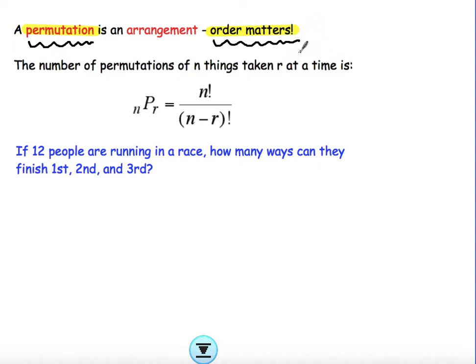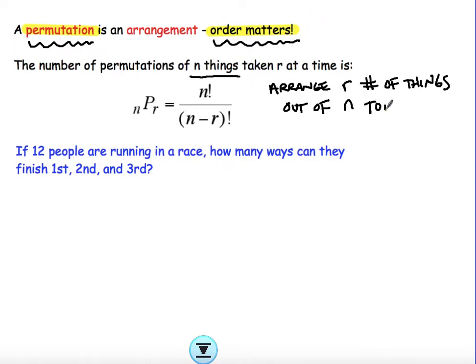So if you have n things and you want to arrange r number of things out of n total number of things, then you would use this formula.